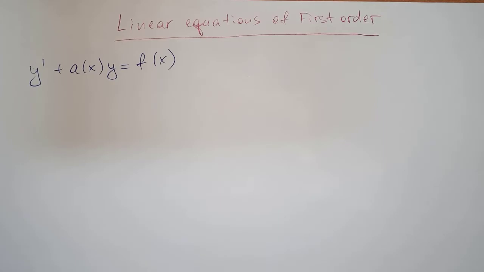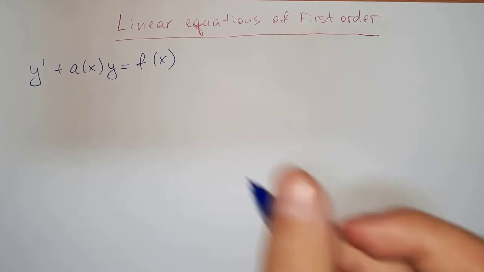Now, we will consider two methods of solving a linear differential equation of first order. The first one is using an integrating factor, and the second one is the method of variation of a constant. And let's consider the first method, using an integrating factor.